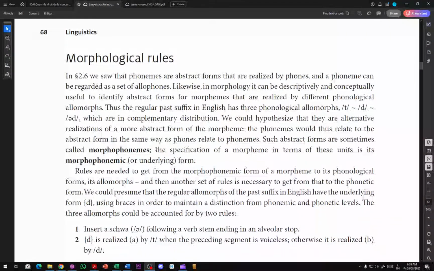In chapter 2, section 6, we saw that phonemes are abstract forms. I forgot the difference between phoneme and allophone. Oh my god. Too much information. Phoneme and allophone, what's the difference?